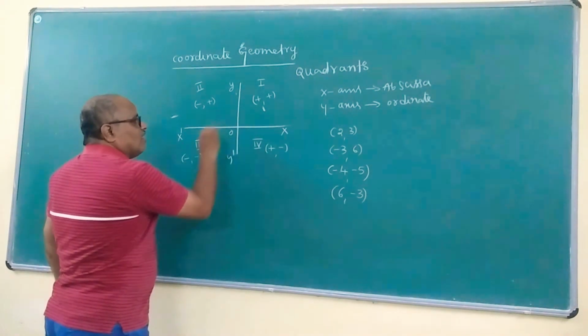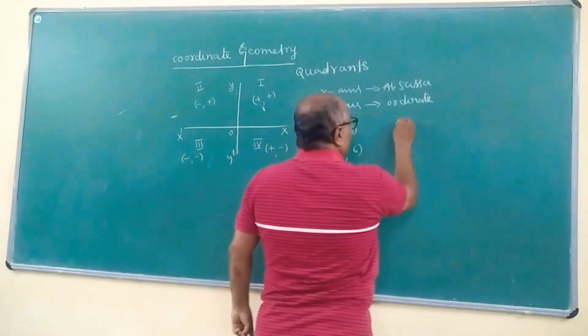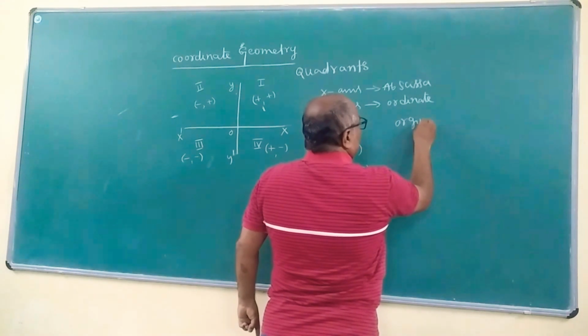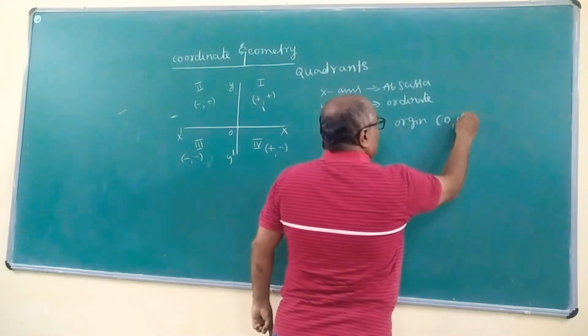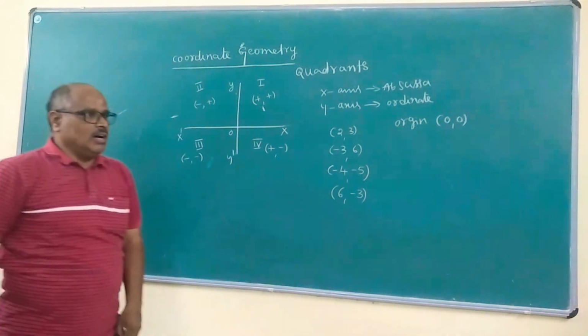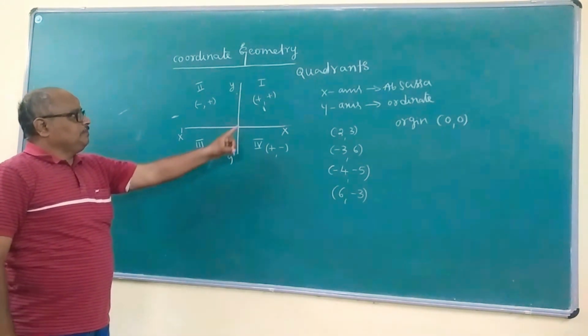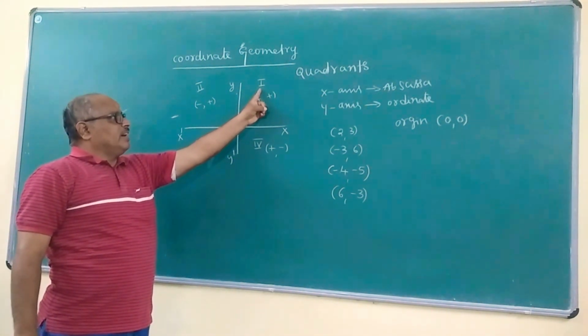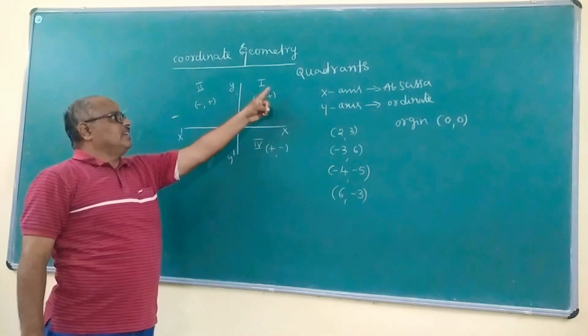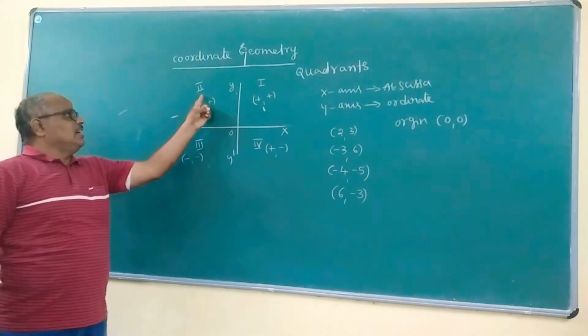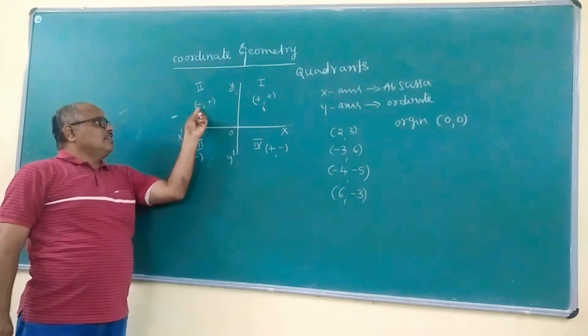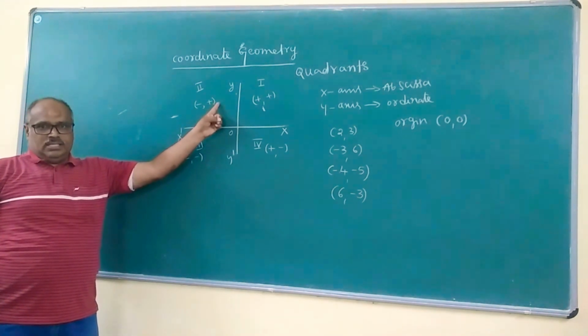O is called the origin. The origin's coordinate is (0, 0). In the first quadrant, both abscissa and ordinate are positive. In the second quadrant, abscissa is negative, ordinate is positive.